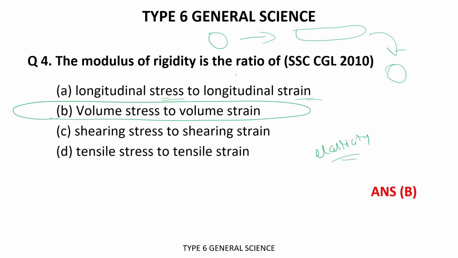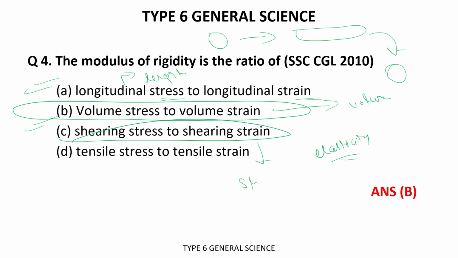So this is an example of elasticity. It is of three main types. Longitudinal, when you change the length. Volume, when you change the volume. Shearing, when you change the shape. But because we are talking about the modulus of rigidity, it is related to the volume stress to the volume strain.